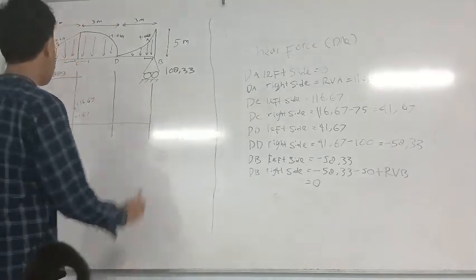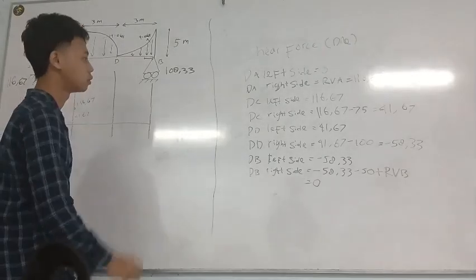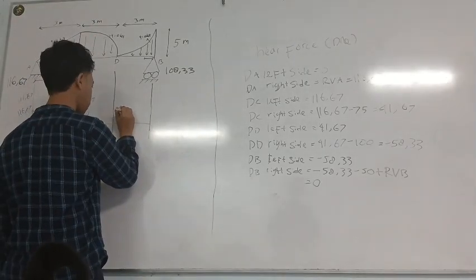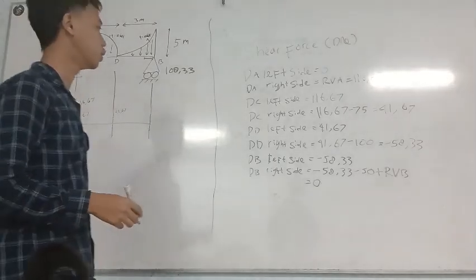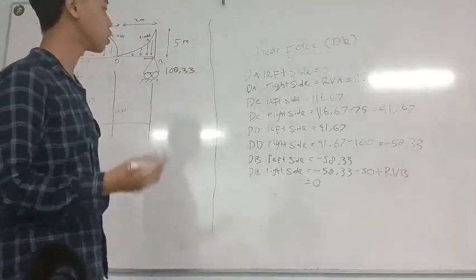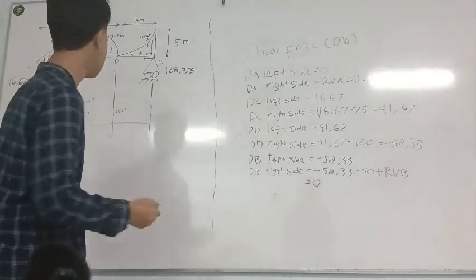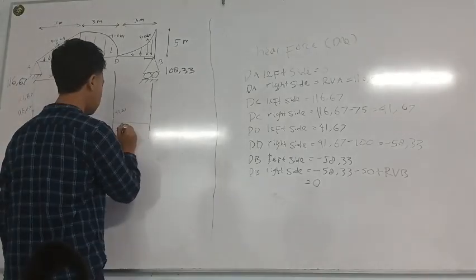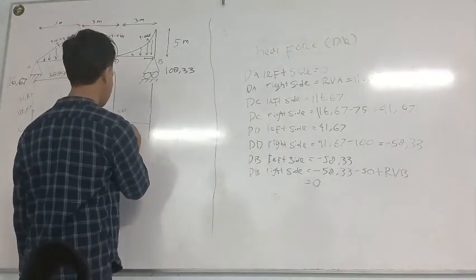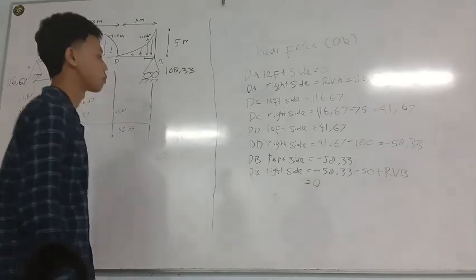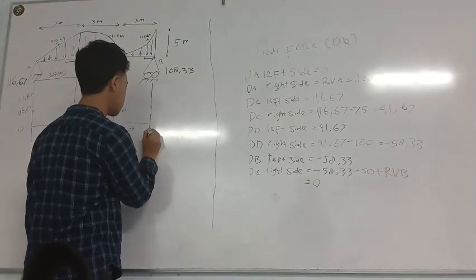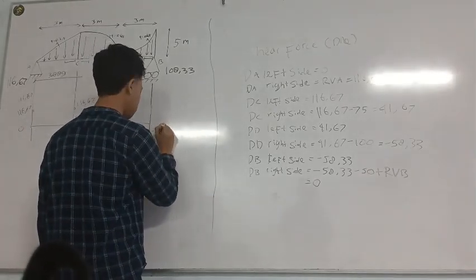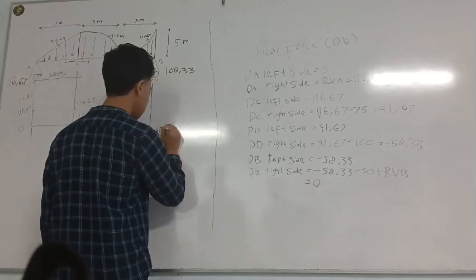And the DT left side is the same as DC right side. And the DT right side is minus 58.33, and DB left side is equal to DT right side, 58.33.